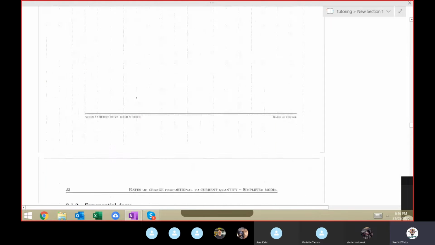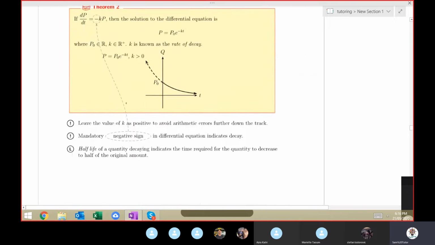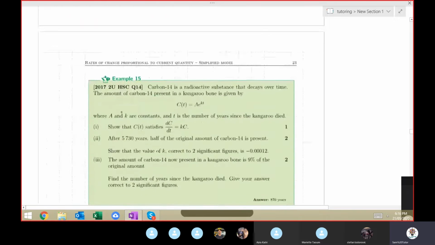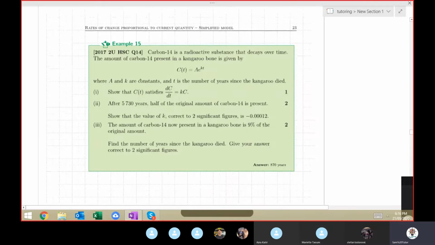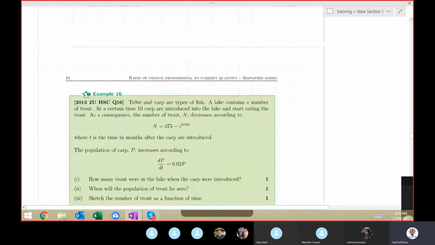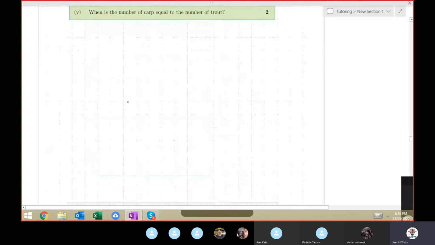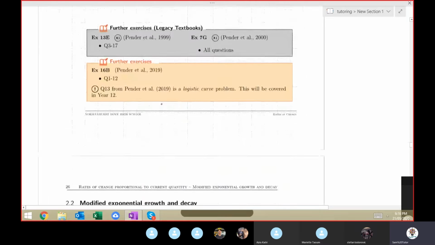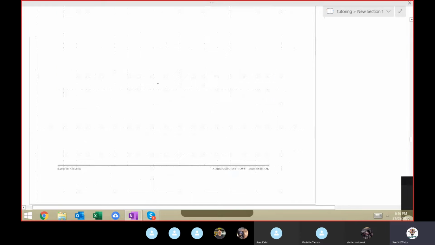Yeah, I don't want to do that one. Seems too straightforward. Exponential decay, which is just negative. Yeah, let's do this. HSC 2017. Oh, that's pretty recent. Let's do that one. And then we'll do this. I think that's done. Okay.